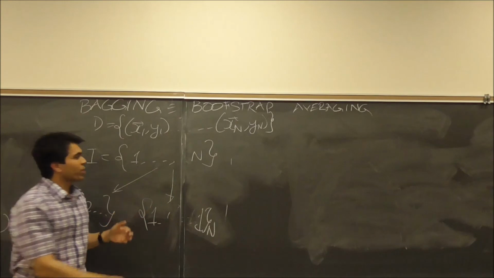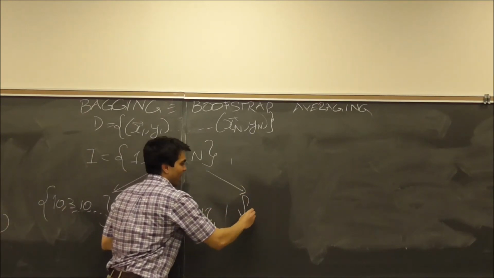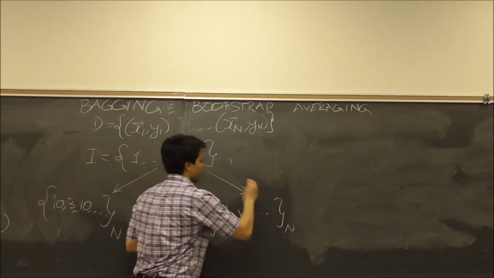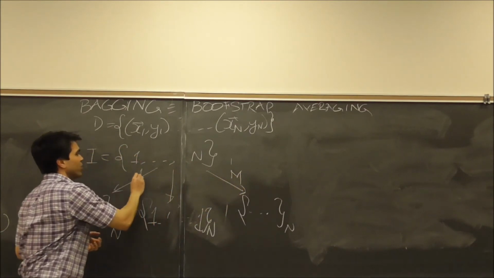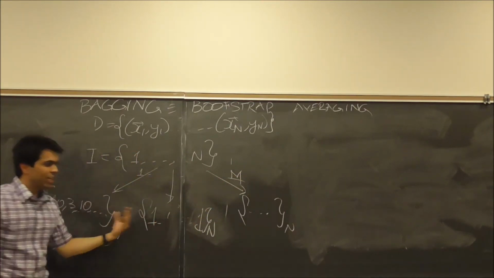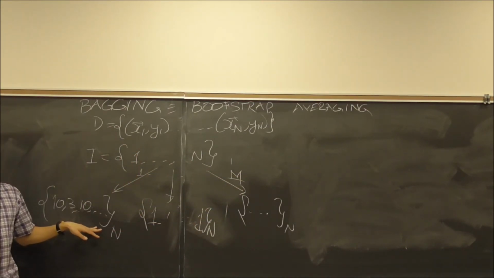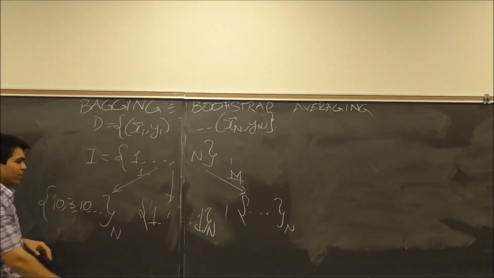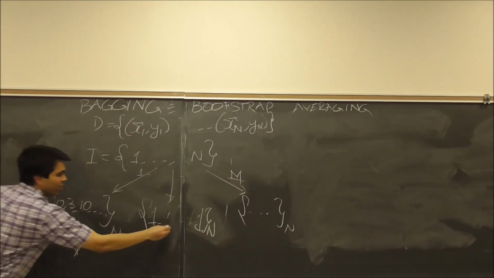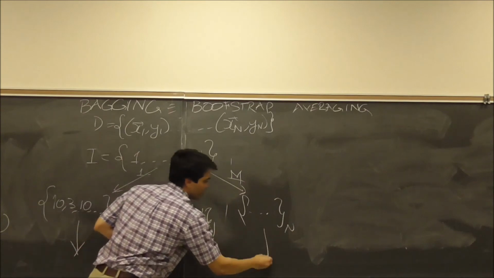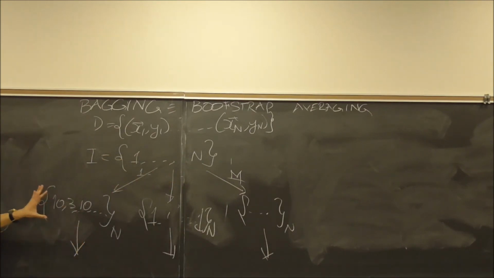And what we're going to do is create m such data sets, each of size n. And we're going to train our classifiers on each such data set. So you have a data set with n points. You create new data sets by resampling your points.